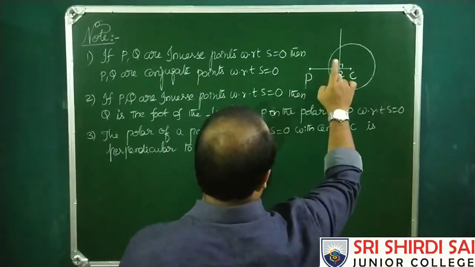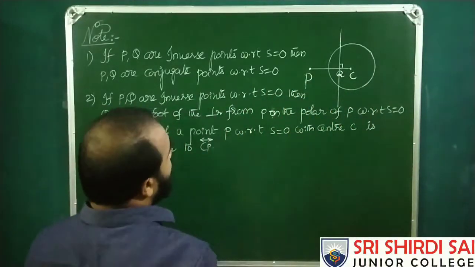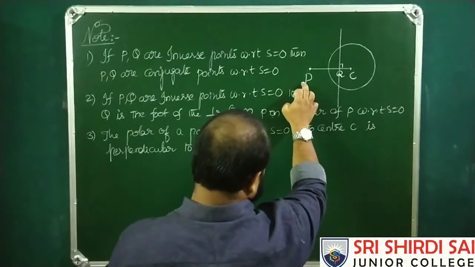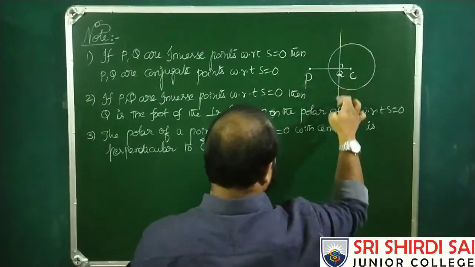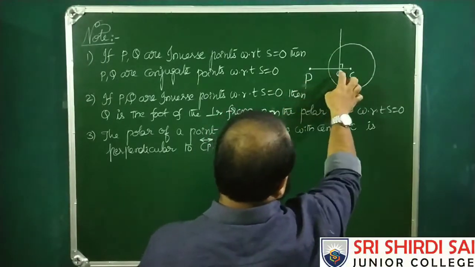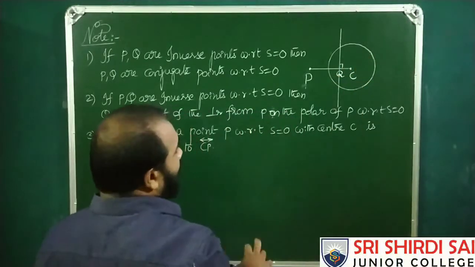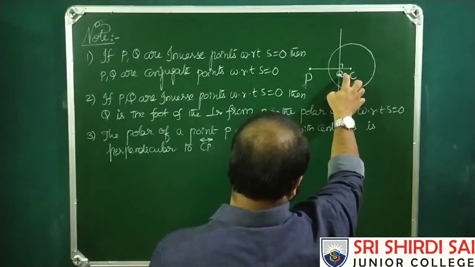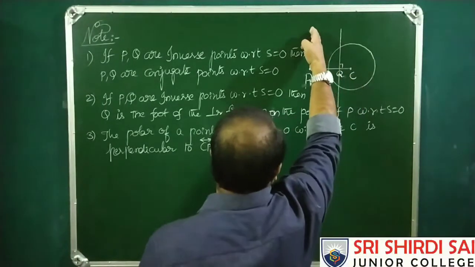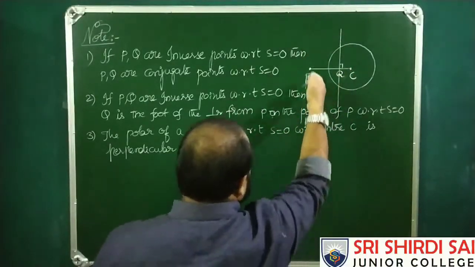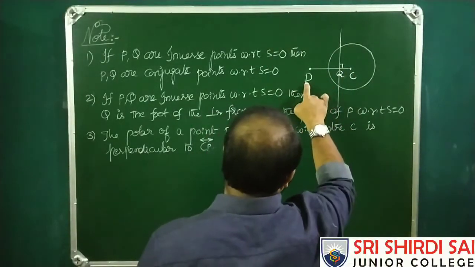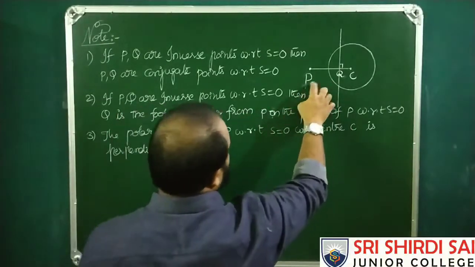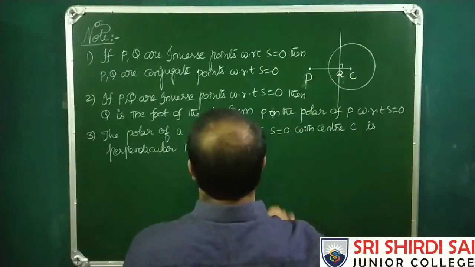P, Q are said to be conjugate points if the polar of P passes through Q, and if Q is the point, then the polar of Q is this line, and this line is passing through P. Then P, Q are said to be conjugate points. Therefore the inverse points are said to be conjugate points.